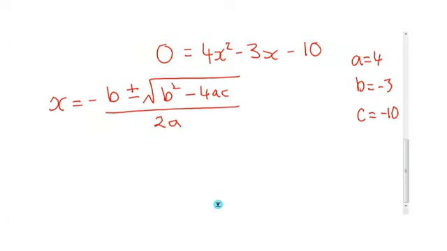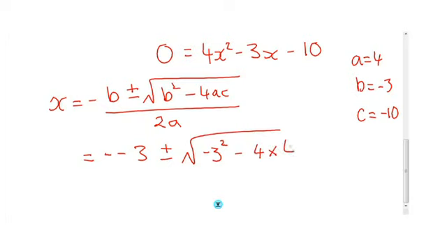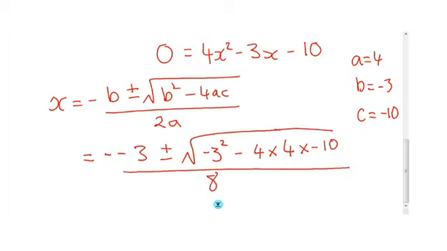If we substitute in our values here then, we have negative 3, we'll deal with that in a moment, plus minus the square root of minus 3 squared. Then we have take away 4 times 4, that's a, times minus 10. All divided by 2a, which is 8.